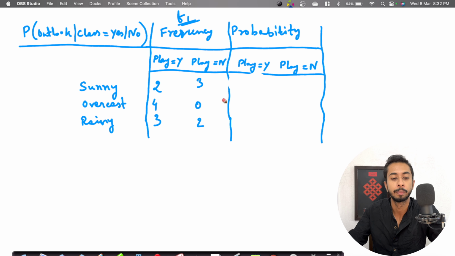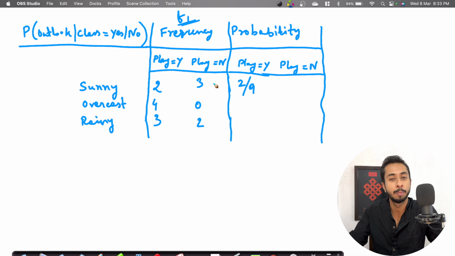Just a second. See, actually this is probability of yes, right? Probability of yes. So how many yeses are present? 9 yeses are present in total. Out of that, only 2 are yes for sunny. So I'll have to write here 2 by 9. Okay, remember this. We are not doing it from this.